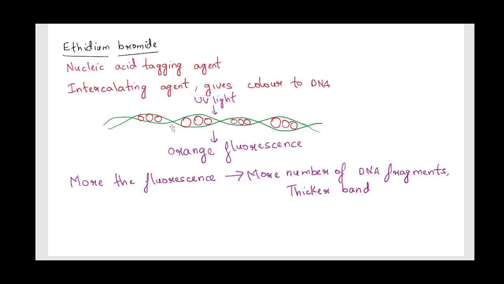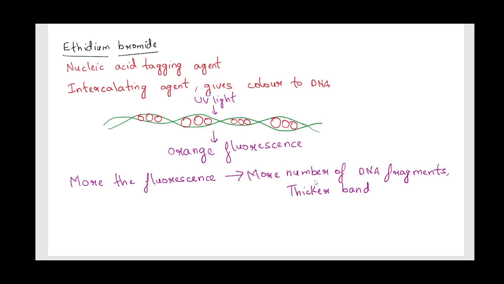Now, as DNA is colorless, it is not possible to visualize these DNA molecules with the naked eye. So, this ethidium bromide intercalates itself in the DNA molecule and when it is kept under an UV light, it fluoresces. It gives orange fluorescence. So, with the help of ethidium bromide, you can actually visualize DNA molecules.